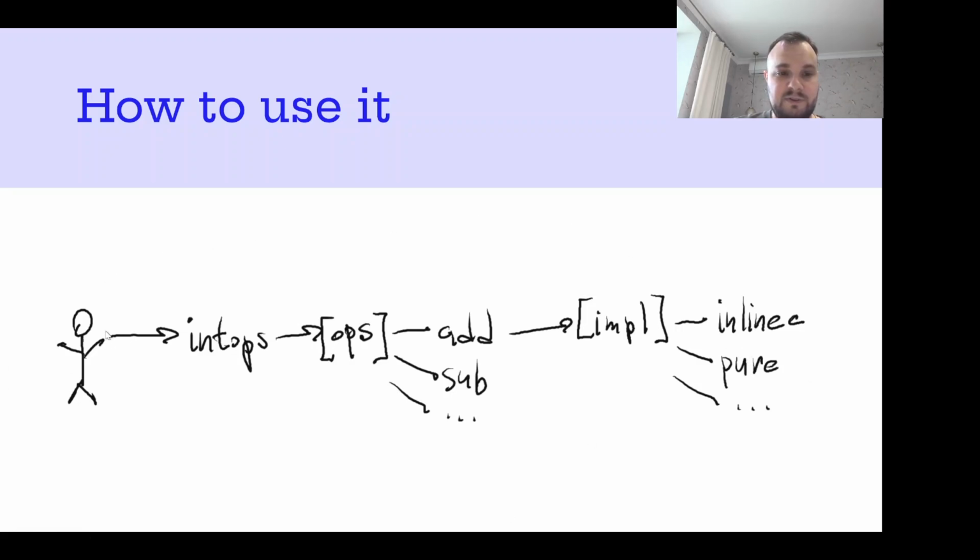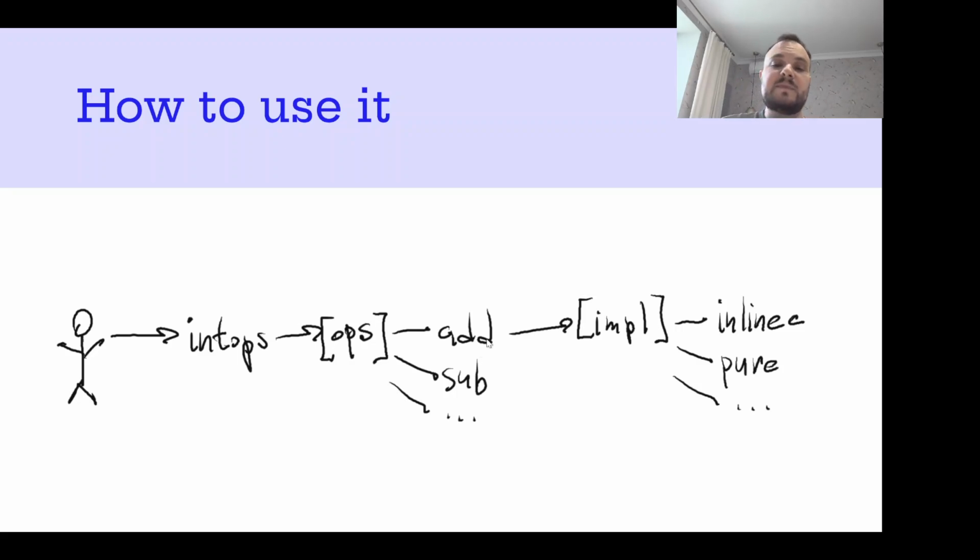So you as a user, you would call intops. The intops module is an entry point for the API, and that would import all the operations from the intops module, which consists of specific operation families.